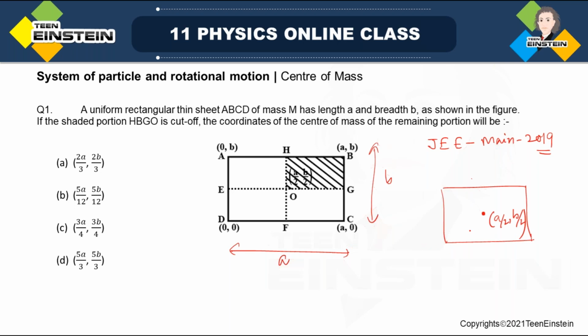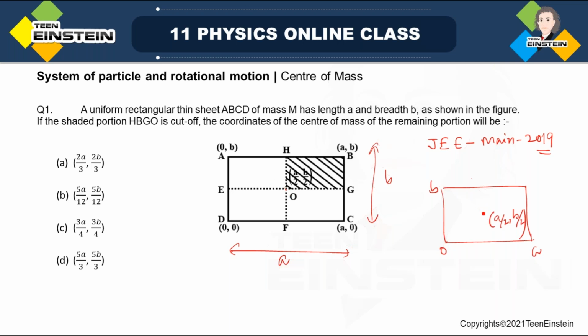If you take this coordinate 0 and this is A, this is 0, this is B, then this point will be A by 2, B by 2, at the middle of the thin sheet, as you can see here.